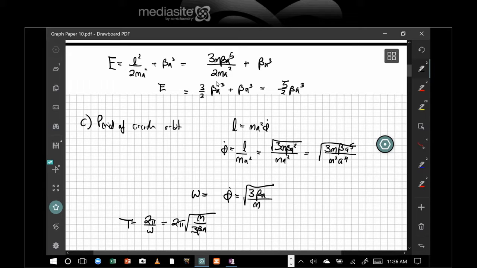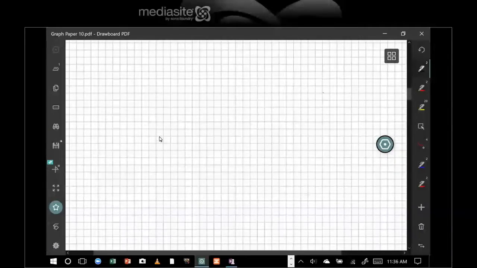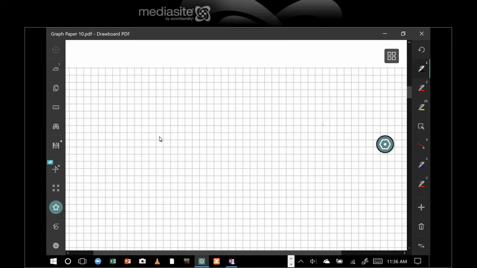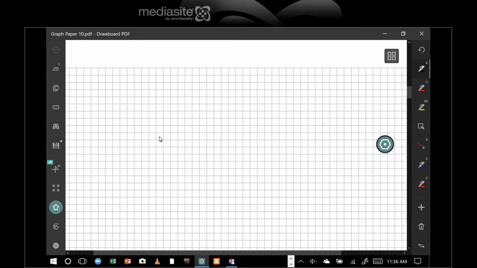So finally, let's do problem number 4. In problem number 4, what we have is this tabletop problem. I have a mass that is on a table, and there is a spring, and this is in the XZ plane.